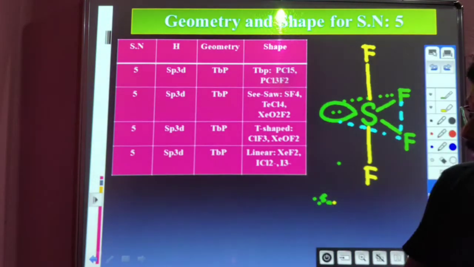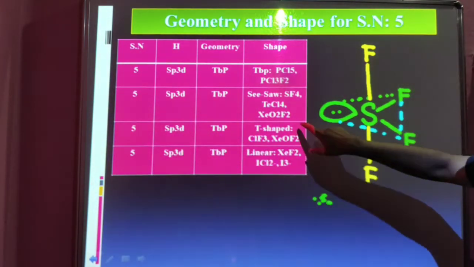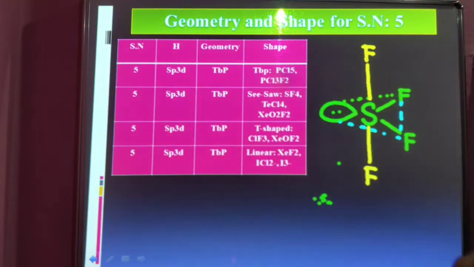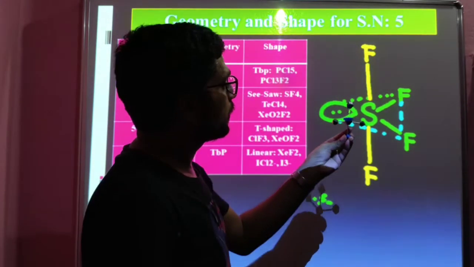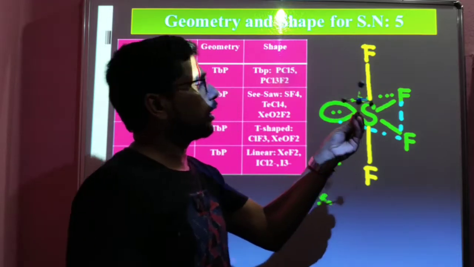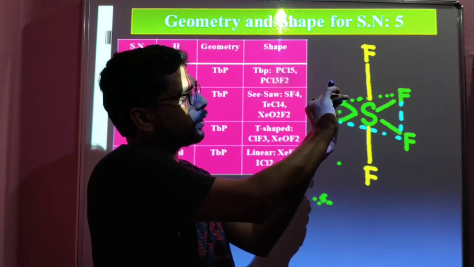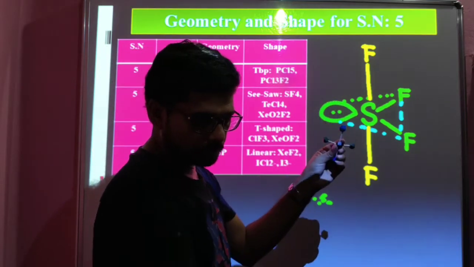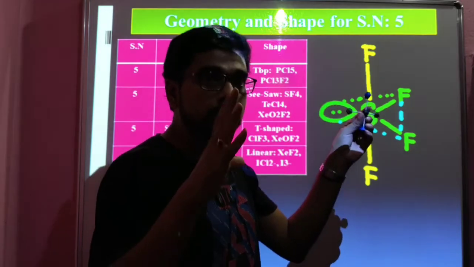Now, the geometry is TBP because the hybridization is sp3d. Here, what will be the shape? Look at this one. While looking at shape, don't consider the lone pair. Remove this one.